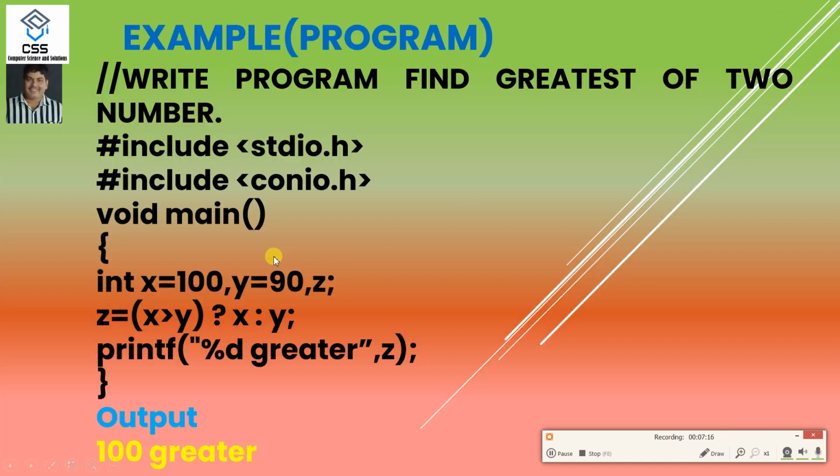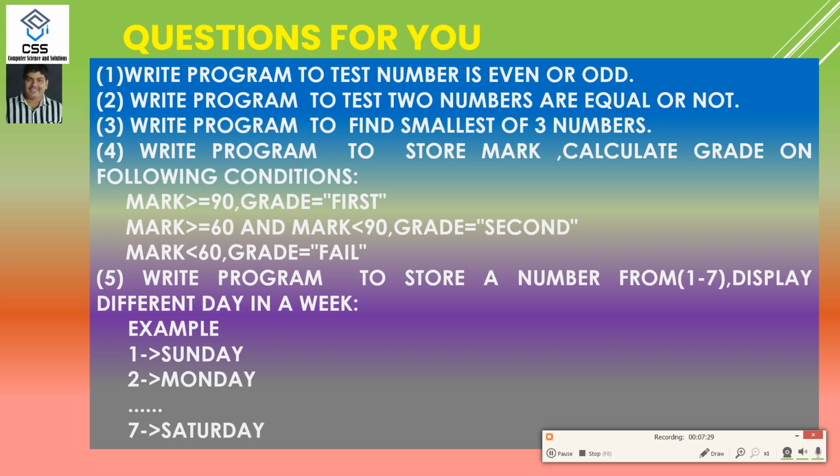Now, in today's class, we discussed binary operators and ternary operators, with a few examples run in the compiler. We have also given some programs that you have to solve: these 5 programs are testing whether a number is even or odd, testing whether two numbers are equal or not, finding the smallest of three numbers, inputting the marks and calculating the grade on the following condition, and storing a number from 1 to 7 where the day will display accordingly: 1 as Sunday, 2 as Monday, up to 7 as Saturday, and anything else is invalid.